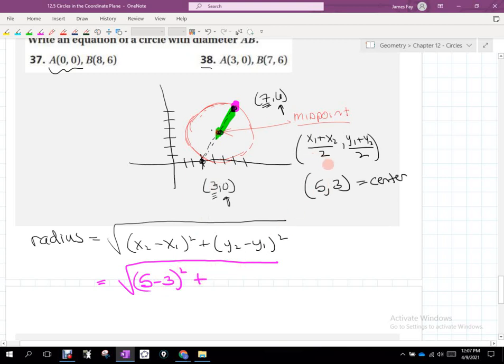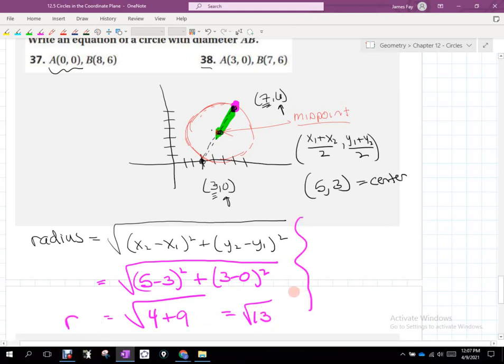Add to it then 3 minus 0. Subtract my y's. So 5 minus 3 is 2, squared is 4. 3 minus 0 squared is 9. So it gives me radical 13. That's my radius.